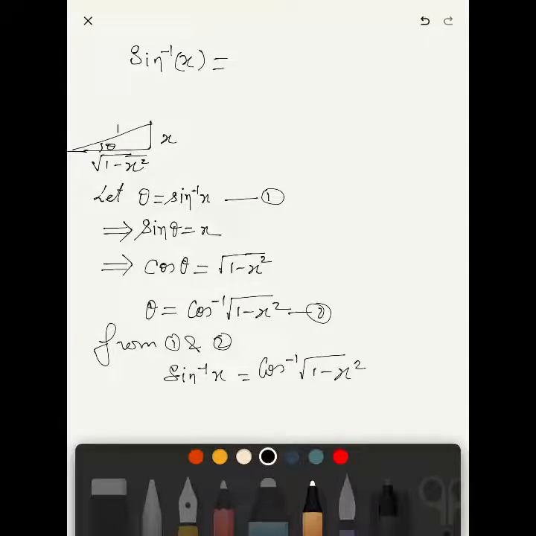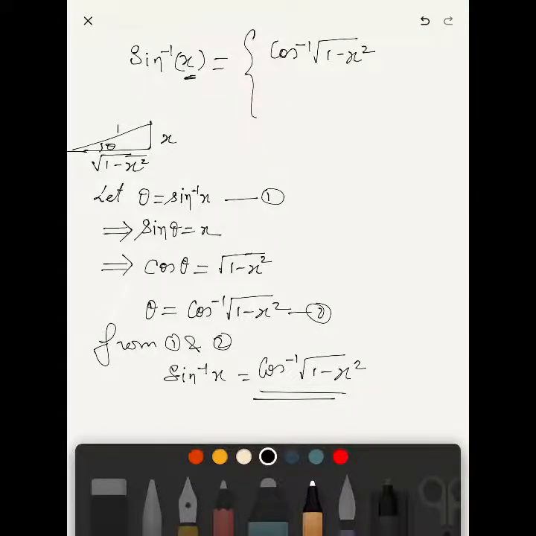Every time you have to convert one trigonometric function to another, you will just draw this triangle, and you can find the other one. In case of sine inverse x, if you want to convert it into cos inverse, it looks like this. For positive, no problem, right? When you give positive input here, you don't have any problem. So your answer is cos inverse under root 1 minus x square.